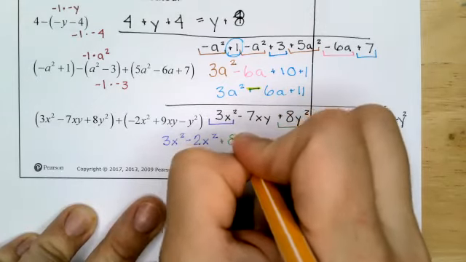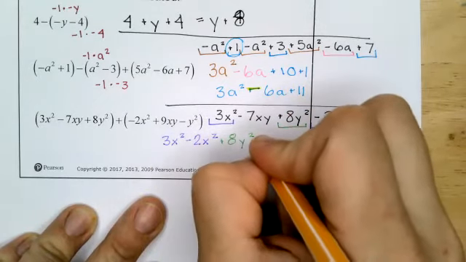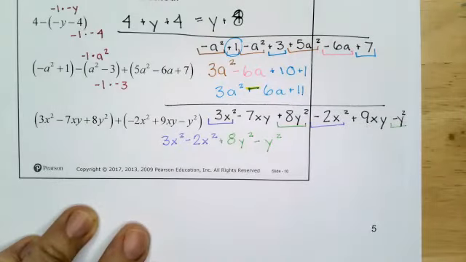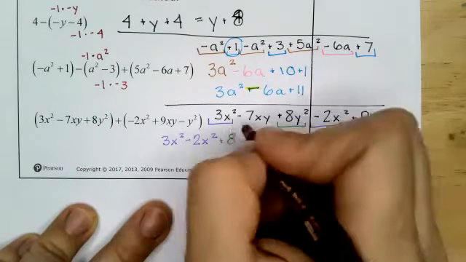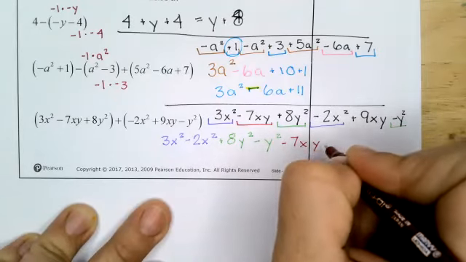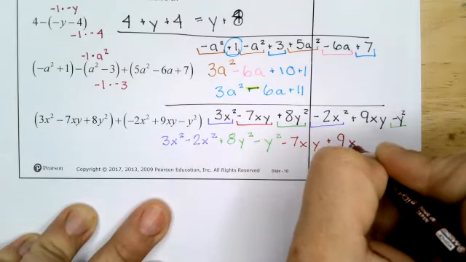Plus 8y squared minus y squared. And then these, negative 7xy plus 9xy.